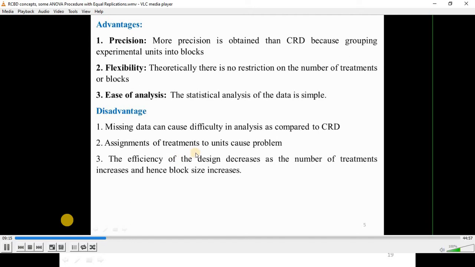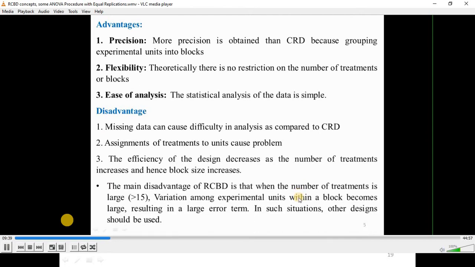And also the efficiency of the design decreases as the number of treatments increases. Hence the block size increases, because if you have a larger number of treatments, it's difficult to obtain homogeneous environments, that means units categorized under the same block. Due to this, design efficiency becomes lower.